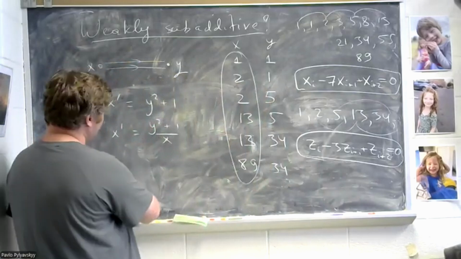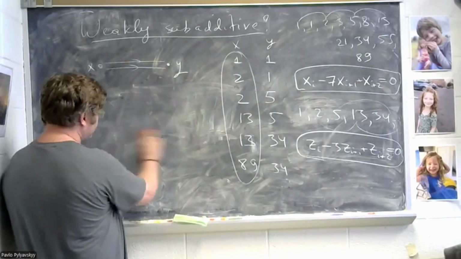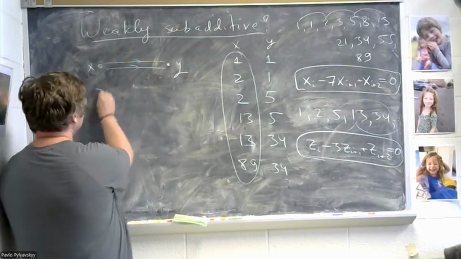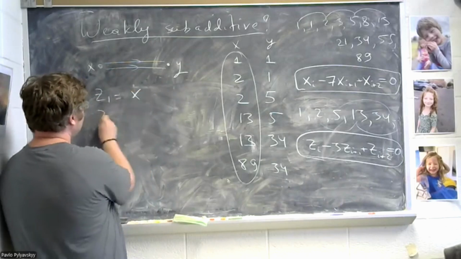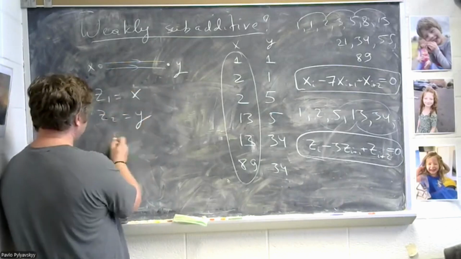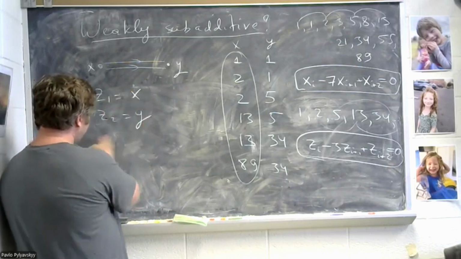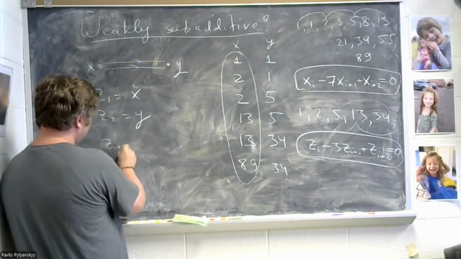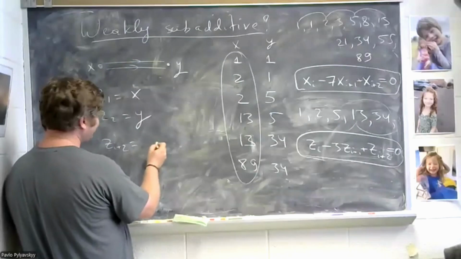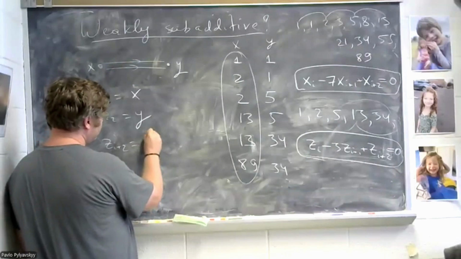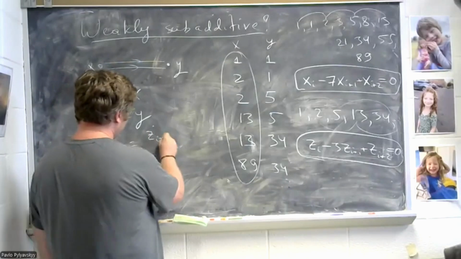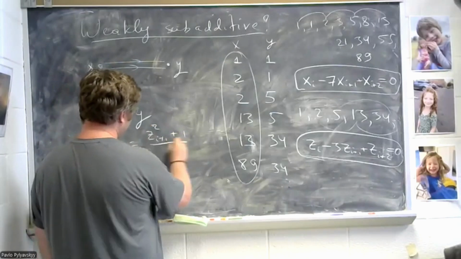And how is this sequence built? It just looks like this. Z1 is X, Z2 is Y, and then z_{i+2} is equal to, let's see, (z_{i+1} squared plus 1) divided by z_i.